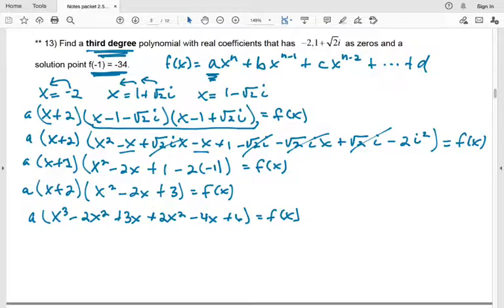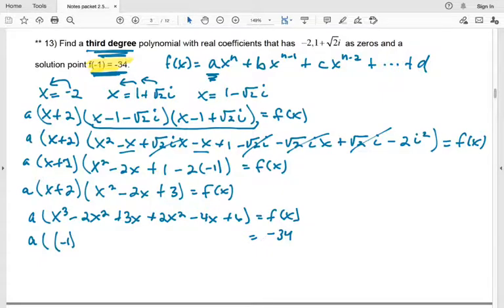Now I have to focus on the fact that they gave me this right here, that f of -1 equals -34. So I'm going to replace that with a -34, and that means I need to replace all of my x's with -1. And that will help me solve for a.